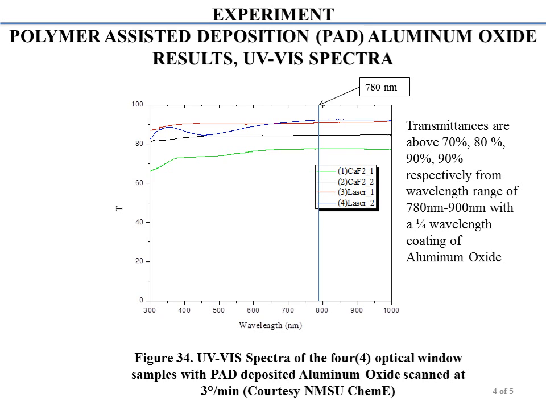The next slide shows results from UV-vis spectroscopy of the polymer-assisted deposited aluminum oxide onto the witness samples. Transmittance of about 70%, 80%, 90%, 90% respectively, from wavelength range 780 nanometer to 900 nanometer was observed with a quarter wavelength coating of the aluminum oxide.